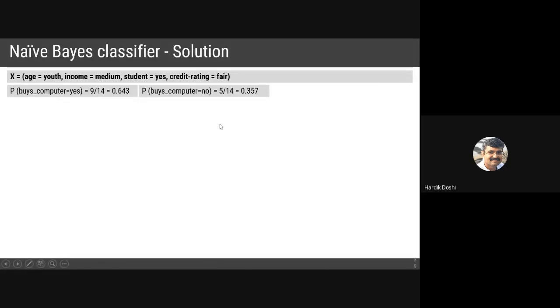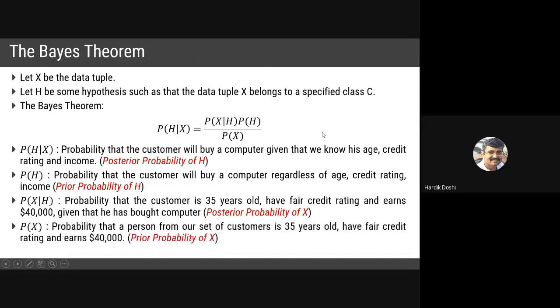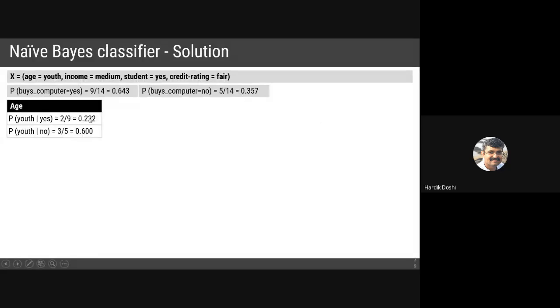So let's start with age. Age is youth and buys computer yes. Just check the records: how many records are there with youth who buy a computer? 3 no and 2 yes.